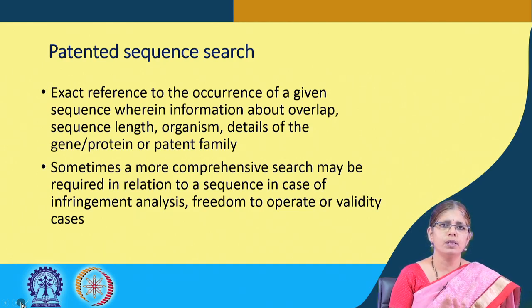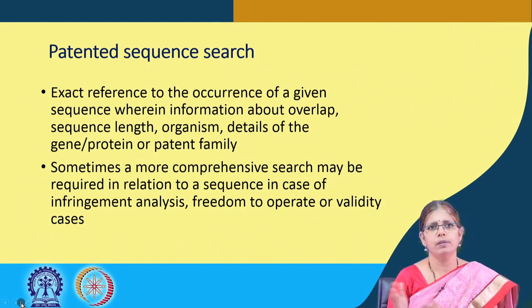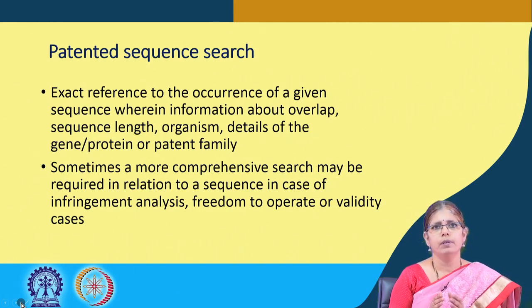What we are looking at is, is there an overlap with my query sequence with other sequences that are present in the database, in terms of understanding whether other organisms already have this kind of sequence which are isolated. What is the length of the sequence, and does this sequence belong to a set of families of proteins, or let us say gene sequences. So, sequence search can be done for general aspects.